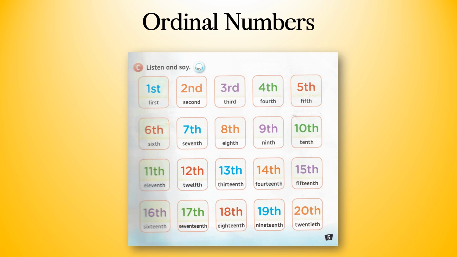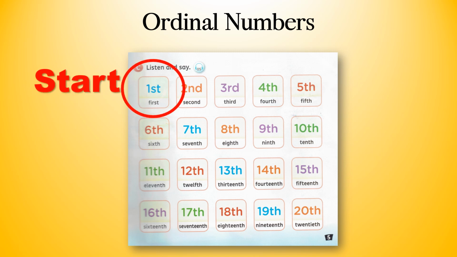Now, this is a group, so there must be a start and an end. Square number 1 at the start is the first square. The square at the end is the 20th square. 20th square.